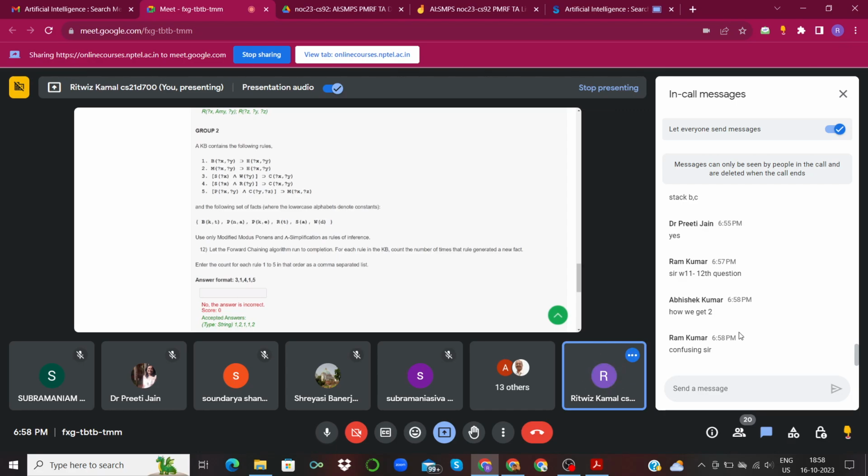It'll be good if you request for a particular doubt that you're facing as opposed to a complete solution, right? Because that will also help him address what exactly your query is. If you just say that it's confusing and ask him to give the complete solution, that also won't help him understand where exactly you are facing the doubt, right?